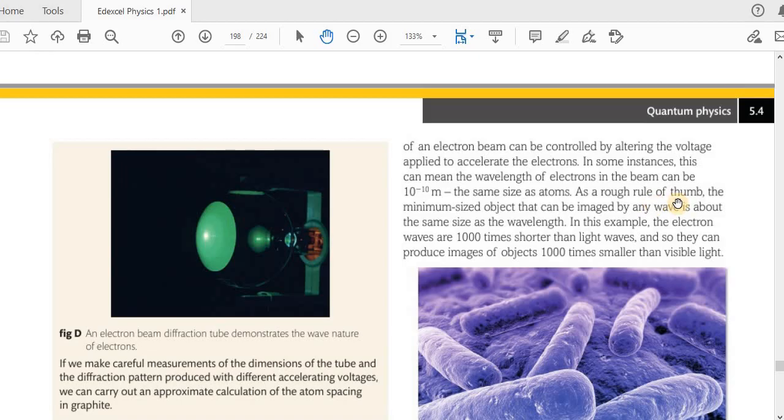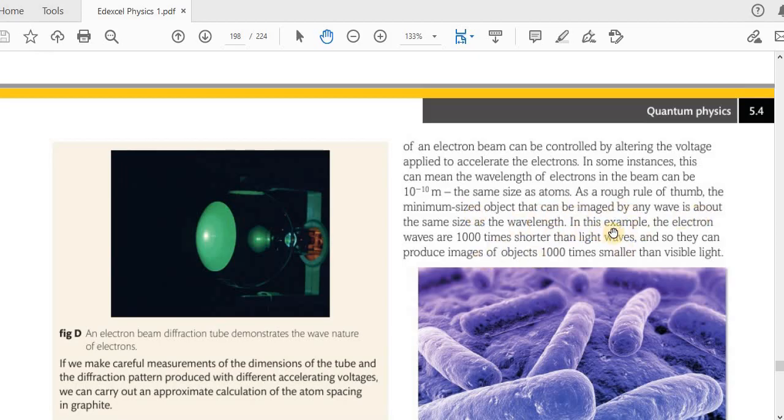And we learned that the minimum sized object that can be imaged by any wave is about the same size as the wavelength. So if we can get this wavelength, that means we can get an image for that sized object.